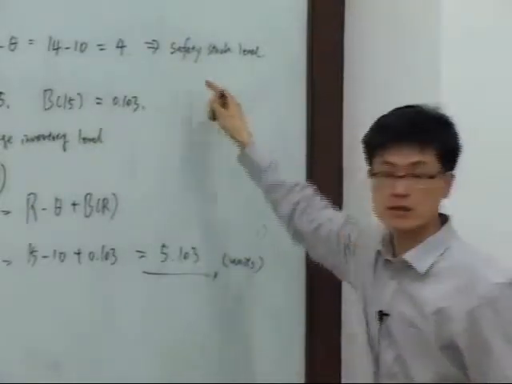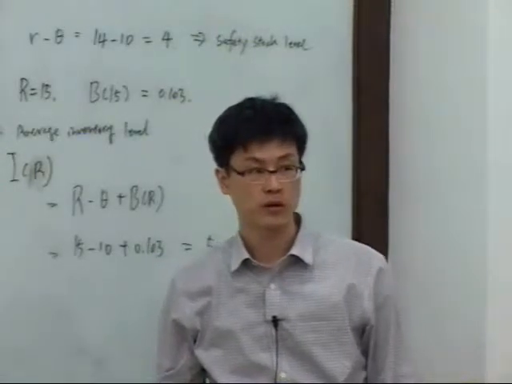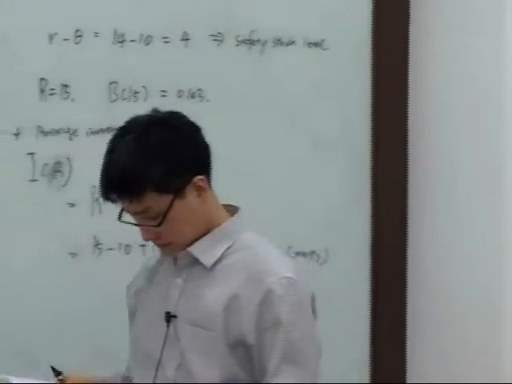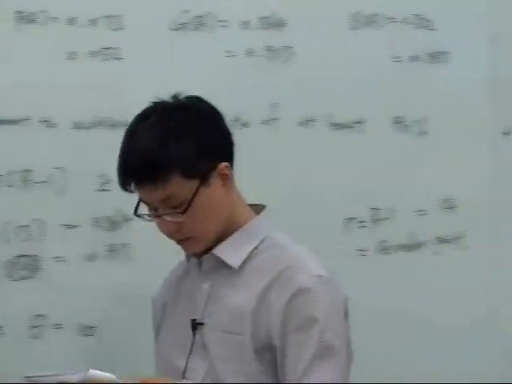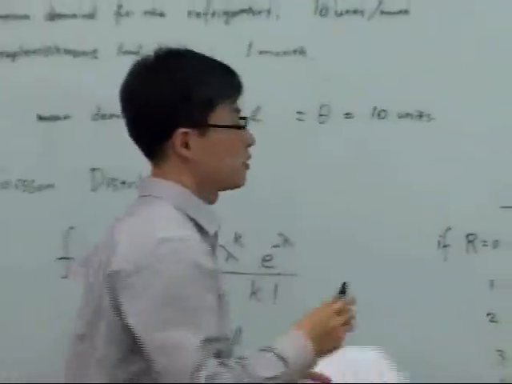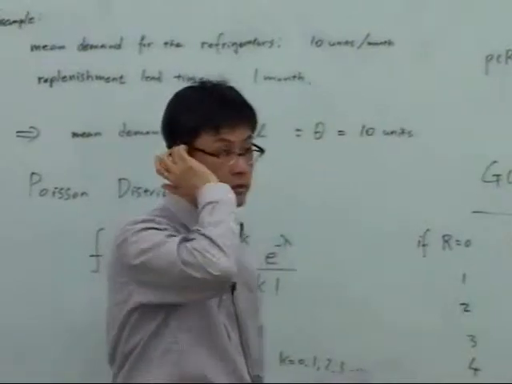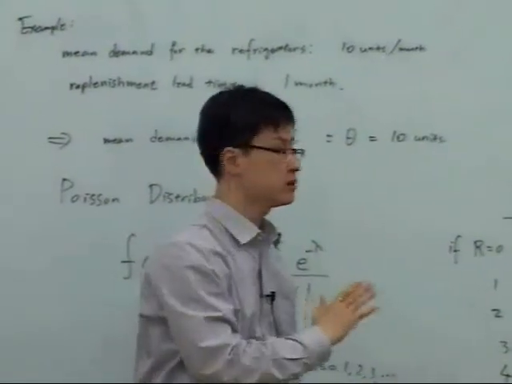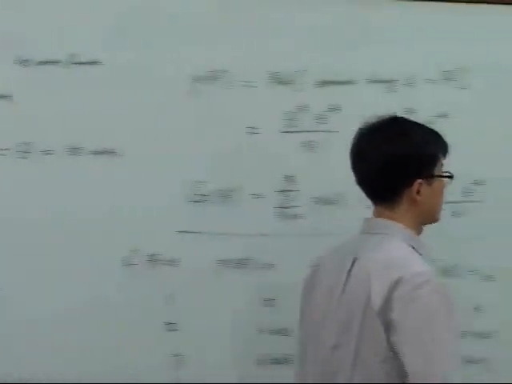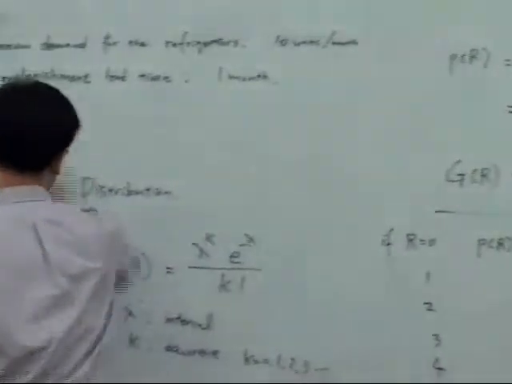Safety stock is not the base stock. If you don't have any question about this model, all the mathematical calculation was already done, and I'm just showing how you can use it. And the interesting part comes right now.